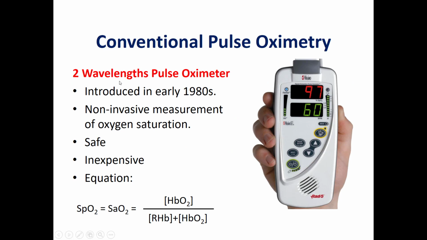In the pulse oximeter, we use two wavelengths. This machine was first used in the early 80s.